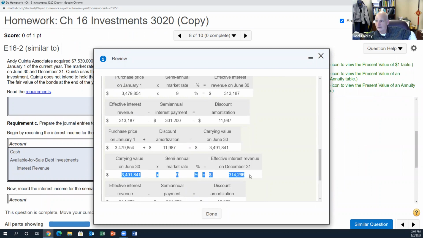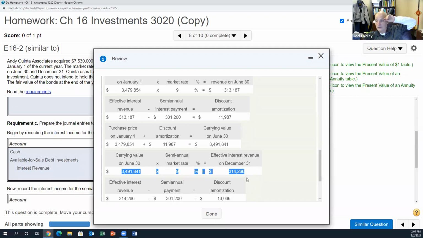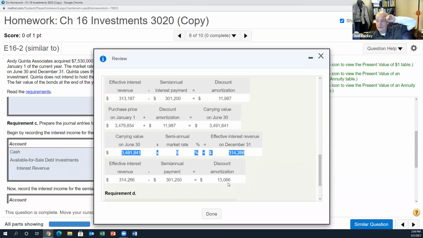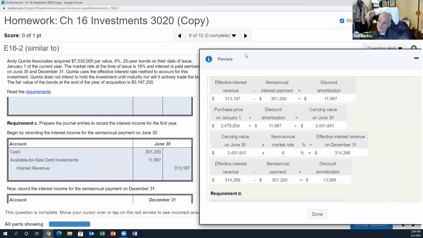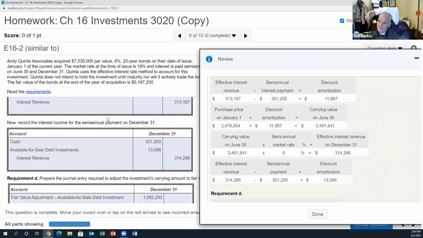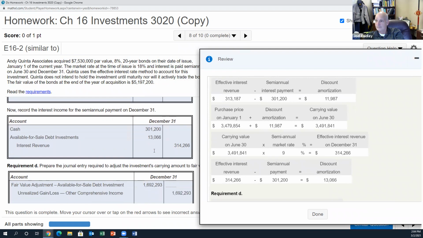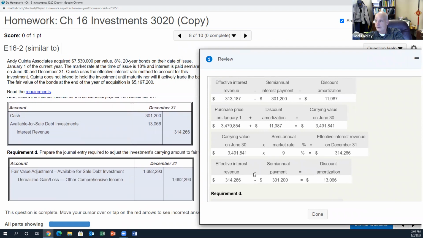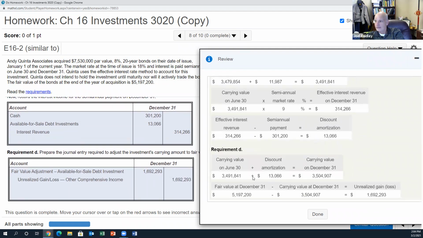That's for the next 6 months, is 314,266, and now my discount's going to be 13,066. So we jump back over here. There it is, 13,066. So it's going up. And so now we have a new balance, don't we? Requirement D, 3,491,841 plus 13,066.